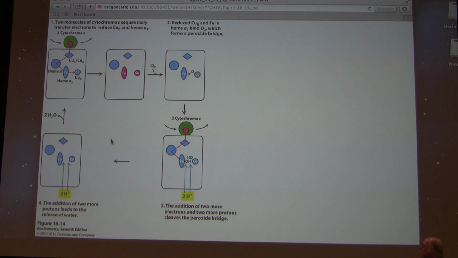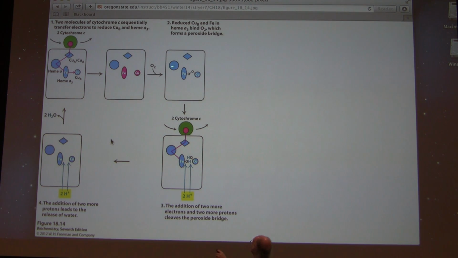Next step of the process, 2 more cytochrome C. By the way, we had 2 to start the process. We have 2 more here. 2 more cytochrome C come in, and what they do then is they take that peroxide and they reduce it to 2 hydroxyls. So we have 2 hydroxyls, where up here we have molecular oxygen.